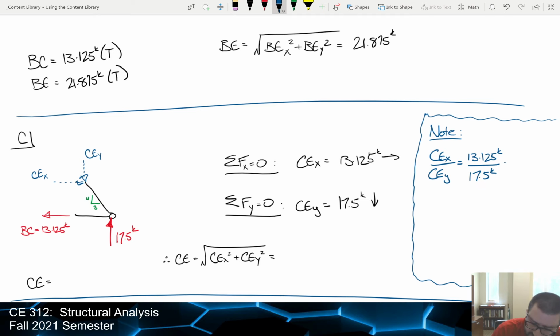When you plug and chug, you will get 0.75. Why that's special is, what is the slope ratio for this member? It's 3 to 4. If you take the horizontal component of the slope ratio divided by the vertical component, you also get 0.75. So this is a second check that your truss analysis works, and this will always happen.